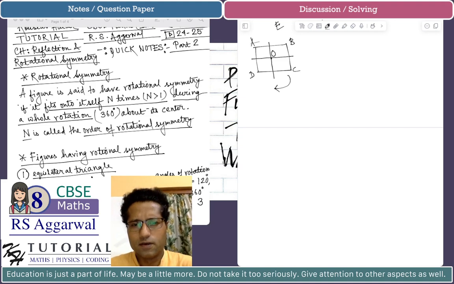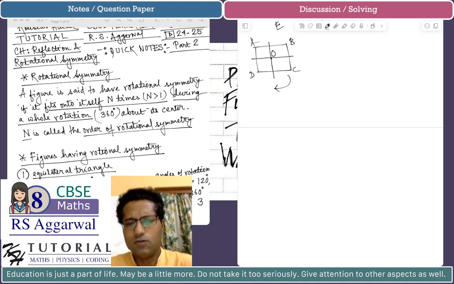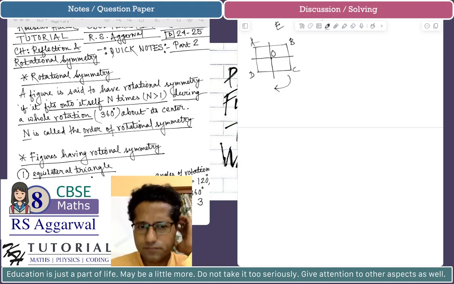While you are rotating the figure by some angles up to 360 degrees, if you see that at n number of angles of rotation, the figure is perfectly matching with its original orientation and position, then this n is known as the order of rotational symmetry. And also, if n is greater than 1, then that figure is said to have rotational symmetry.